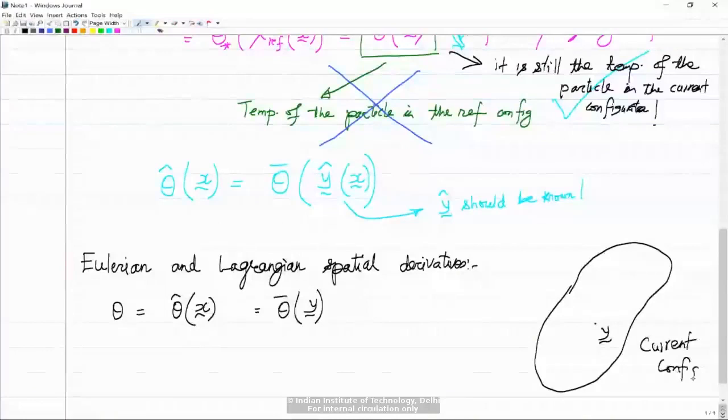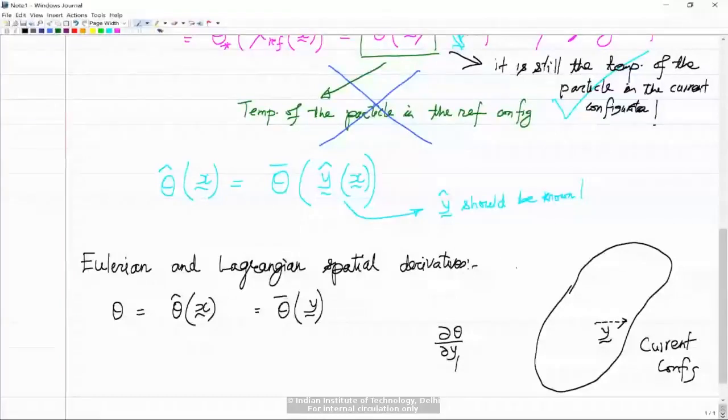You might want to know, for example, if you move in this direction along E1, how is temperature changing? What is the rate of change of temperature with respect to the coordinate along E1? That means you want to know del theta over del y1.